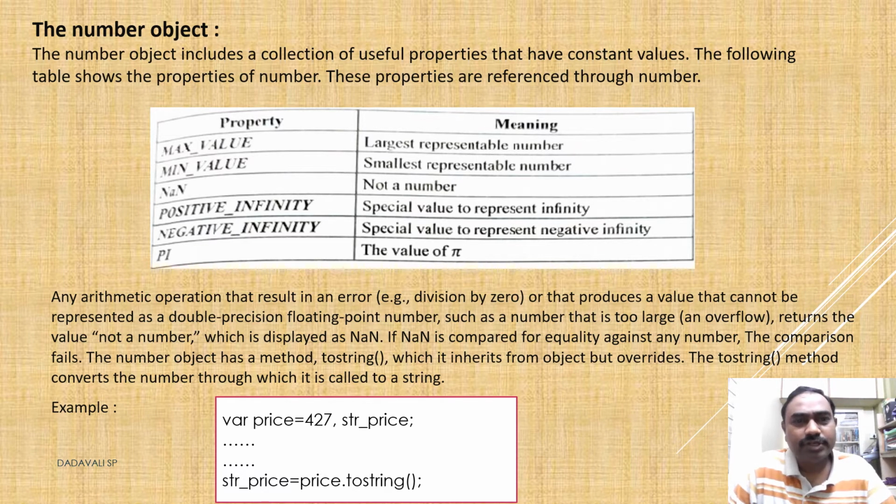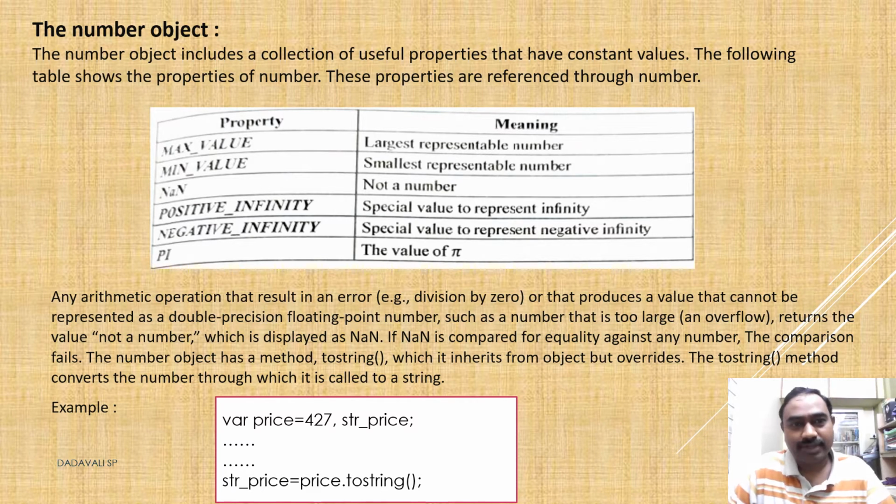The Number object includes a collection of useful properties that have constant values. The following table shows the properties of Number. These properties are referenced through Number.